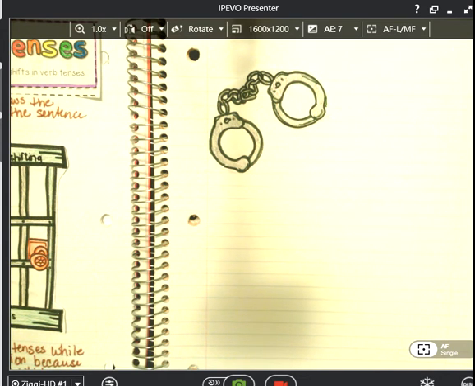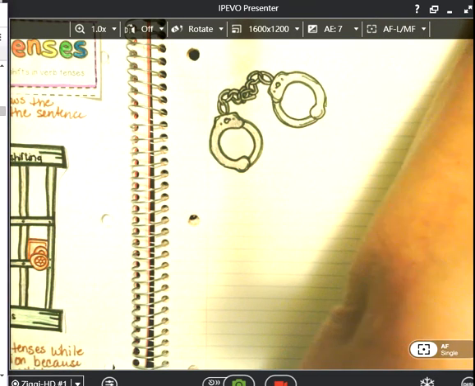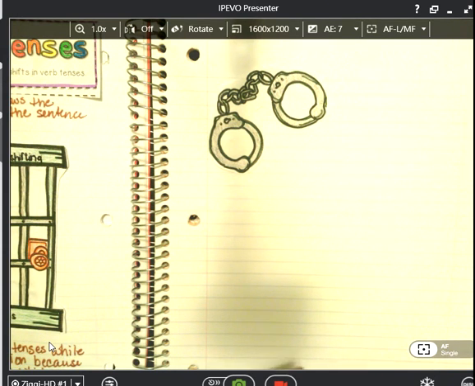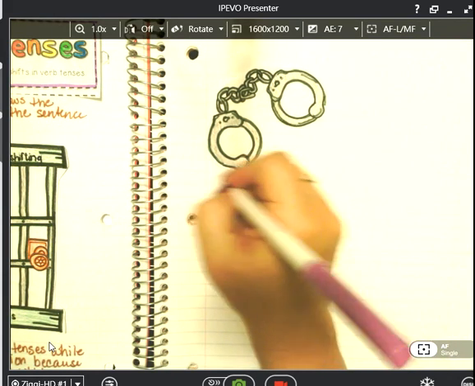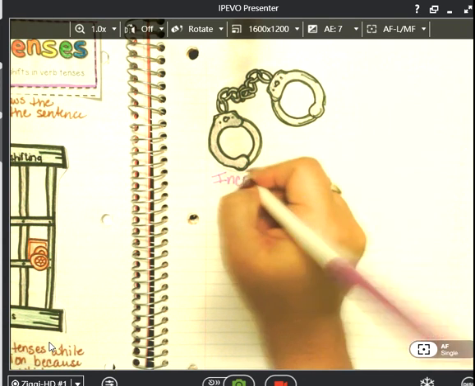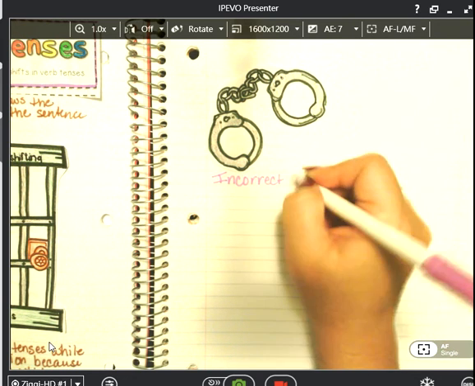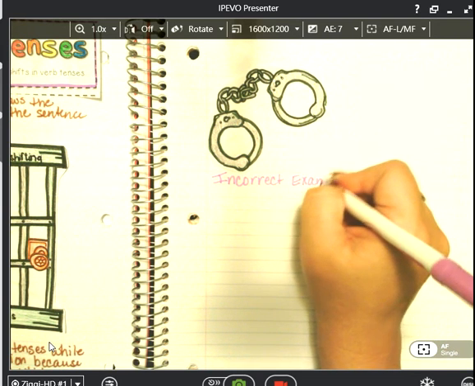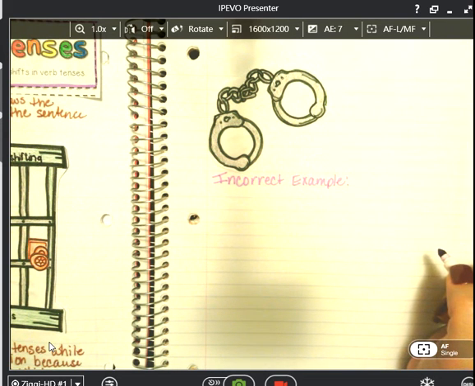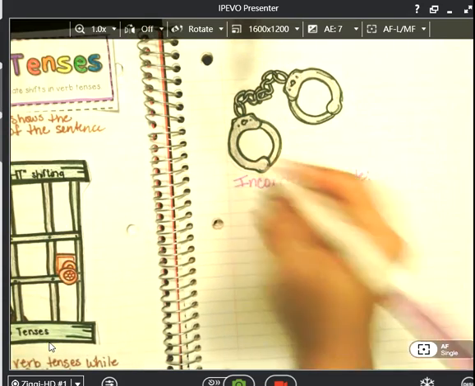So let's look at an example here. Oops, you're seeing my little cheat sheet come in on the side there. An incorrect example of how you would write this would be something like, yesterday I went to the zoo and it is fun.